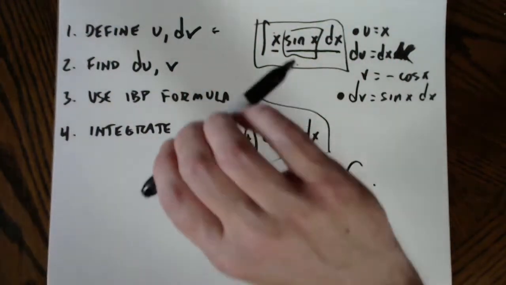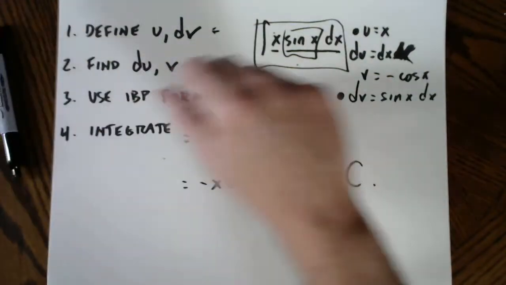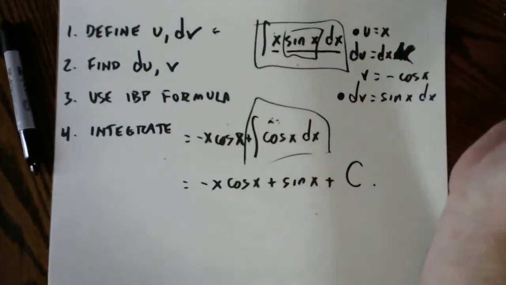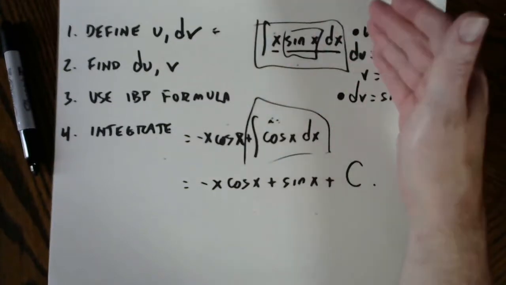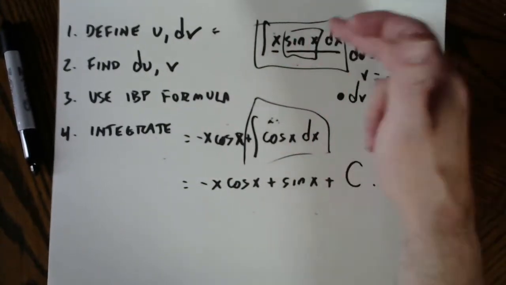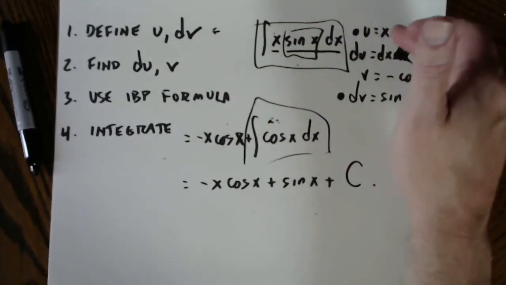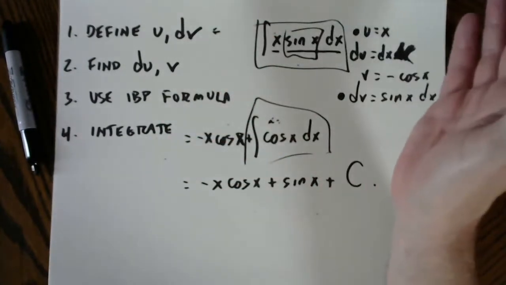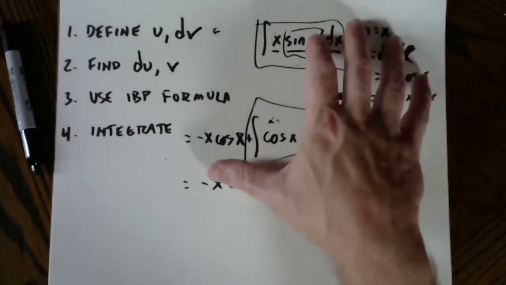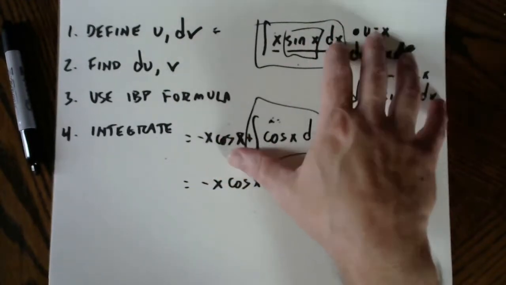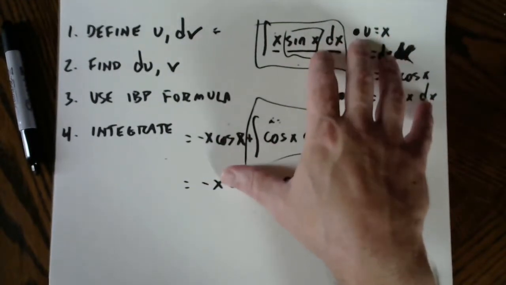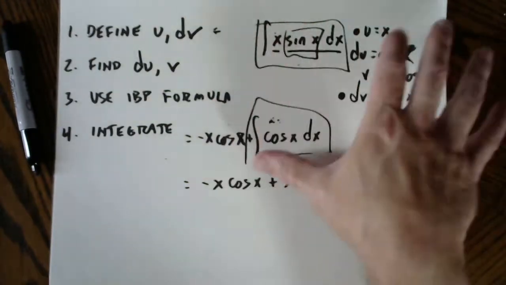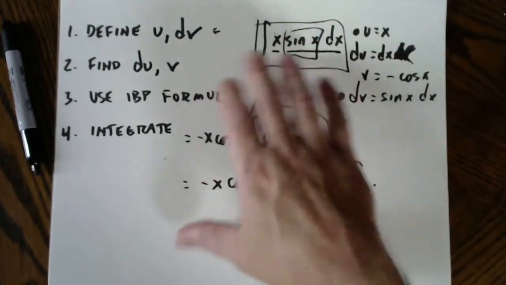One thing you're going to find when you do integrals is you're going to have to go through some trial and error. You might try something. Maybe you tried U as sine, and you see that doesn't work. So you don't just throw in the towel. You're going to have to try something else, and that happens. That's part of this game. You've got to try things and work through them.